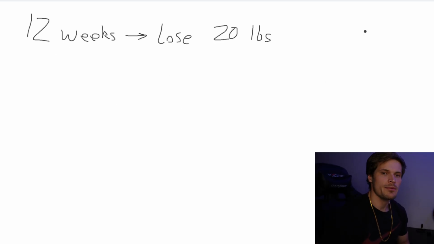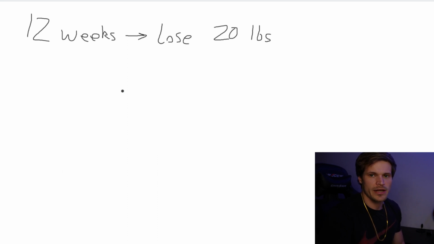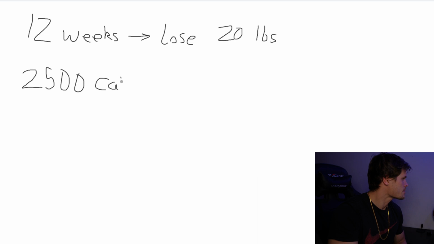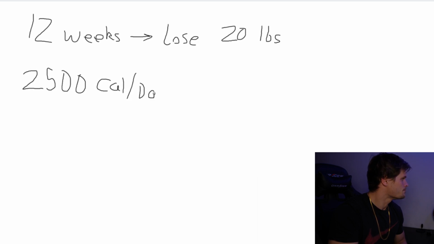Okay, so we've established that we want to lose 20 pounds in 12 weeks. So this is going to be our baseline that we are going to operate under. If you watched past videos, you know that the average male burns 2,500 calories per day, right?